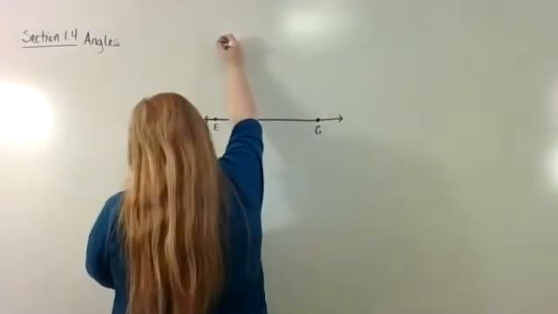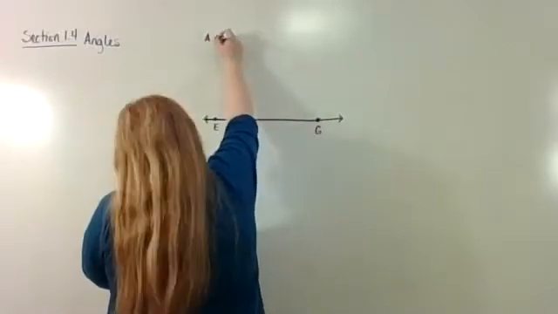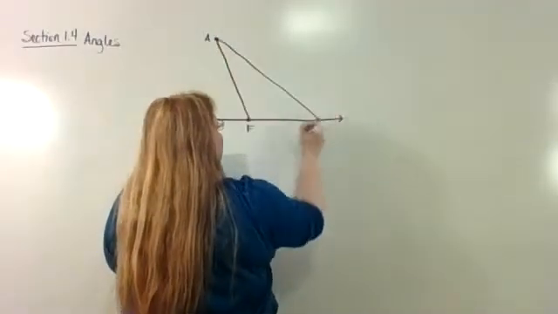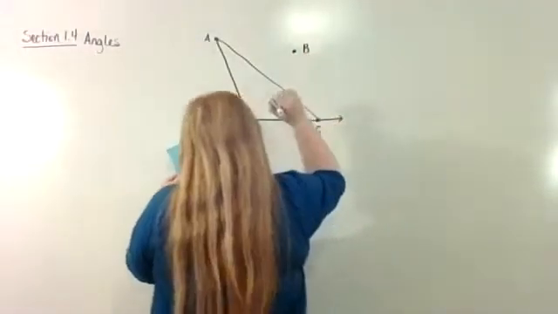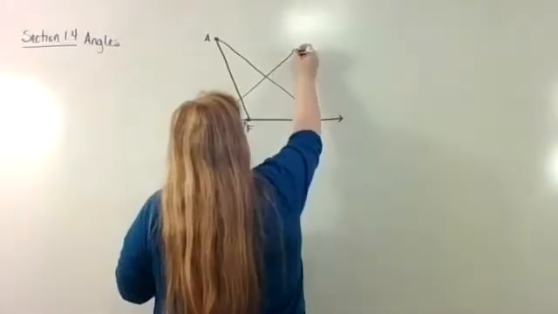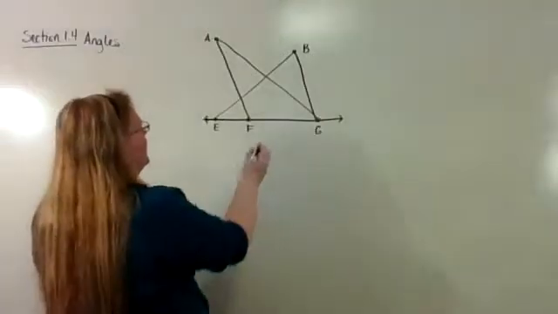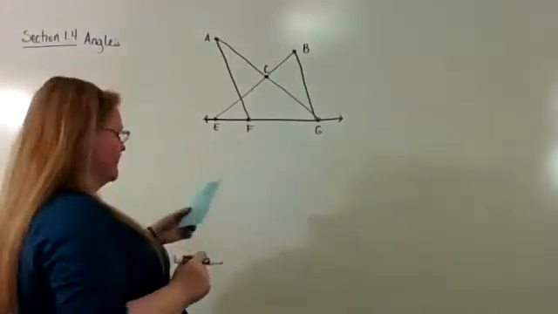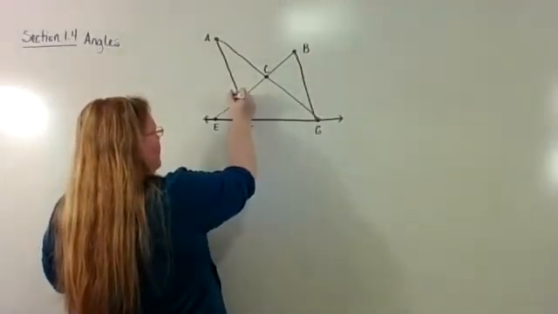Up here, I want an A, and the A connects to the F, and the A connects to the G, and then over here somewhere, I want a B, and the B connects to the E, and the B connects to the G. And where these two cross, we're going to call C, because they cross there. And where these two cross, we're going to call D.